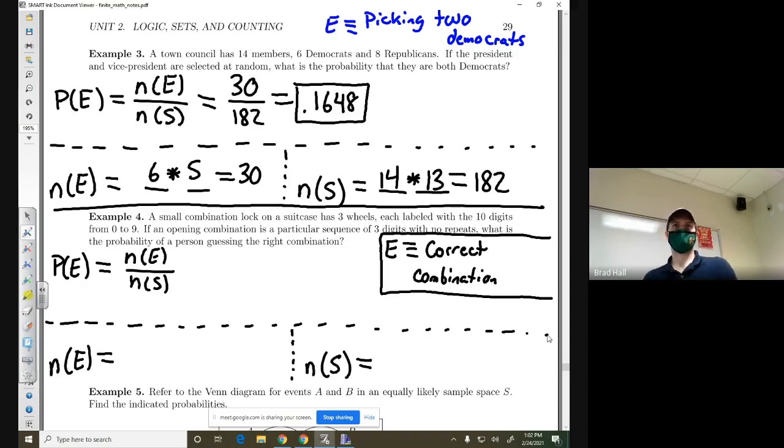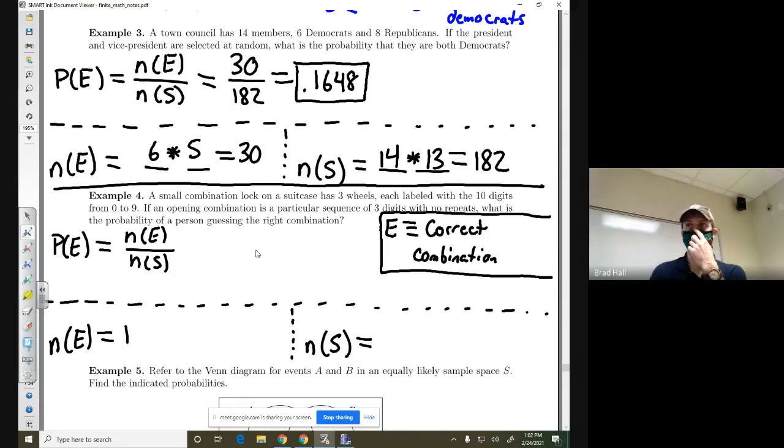One time. Once. There's no multiplication in this part. This is one of those situations where if you overthink it, you're probably going to get it wrong. But there's only one way to guess the correct combination. So don't be too tripped up by that one. There's no multiplication principle in that one.